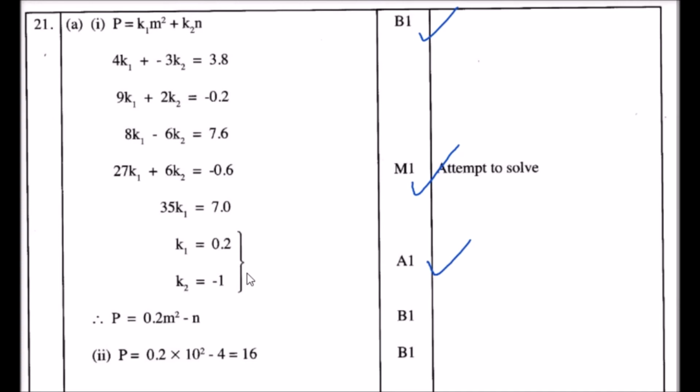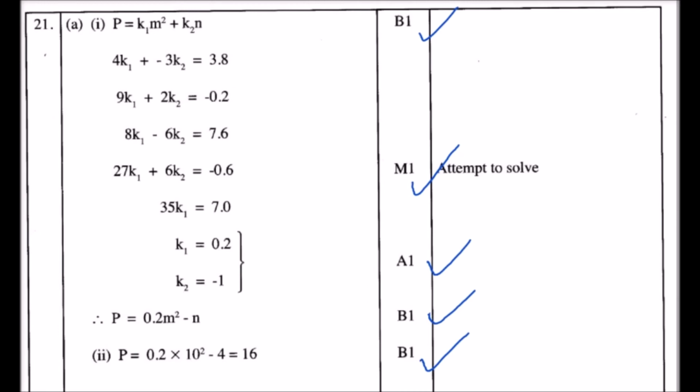Here they have used k1 and k2, but I used a and b. You get a mark for expressing p in terms of the constants that you have worked out, and finally a mark when you get 16. That is, you substitute 10 and 4, you get 16.